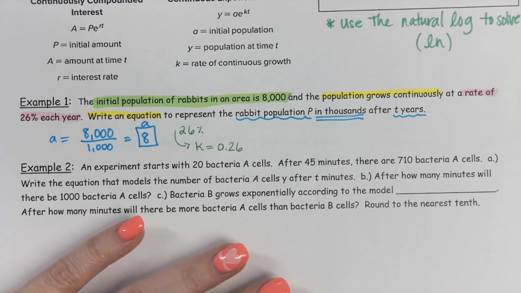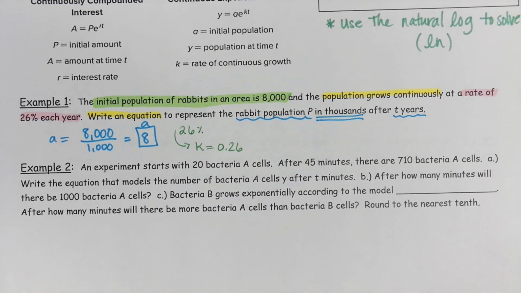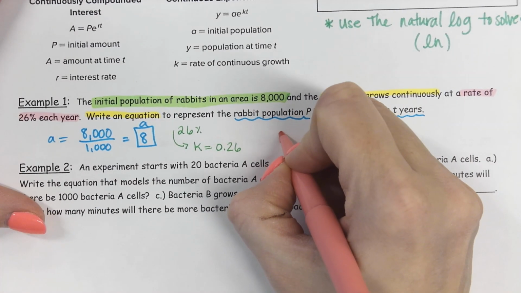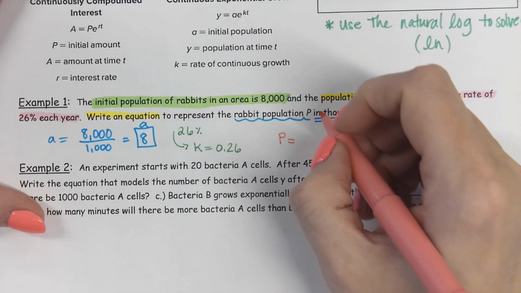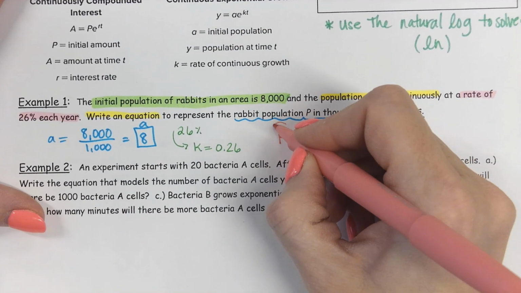All right, so then when you plug those into your equation, you will have P is equal to 8e to the 0.26t.